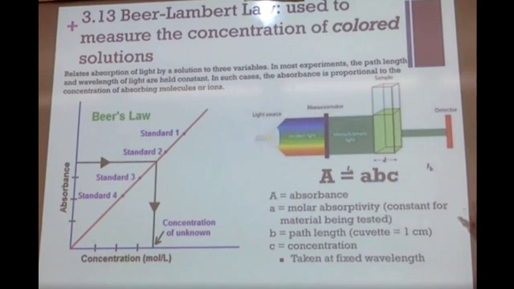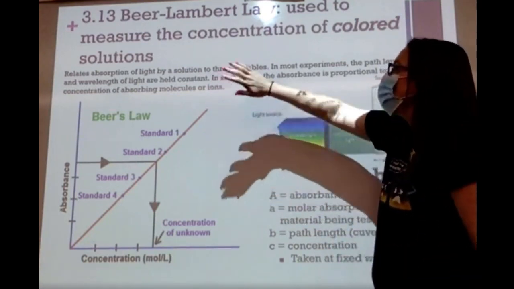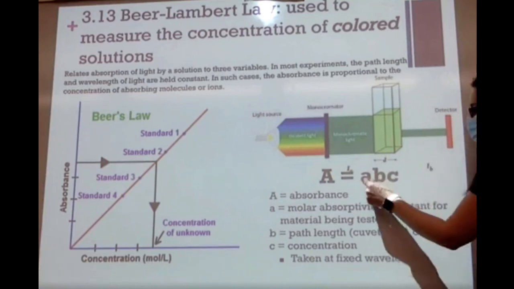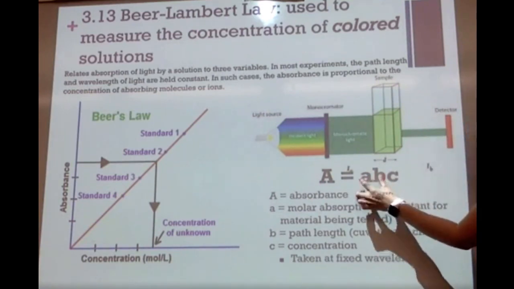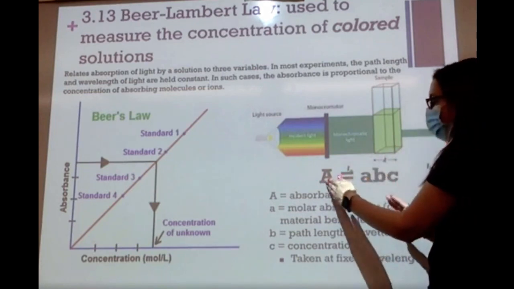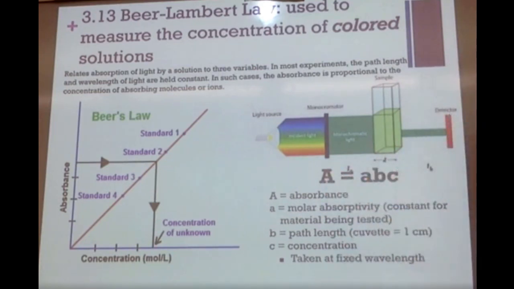All right, certain lead solutions might have a yellow color. Iron solutions might have an orange color. So it has to have color. What Beer's law does is it relates absorption to 3 different variables. Typically, molar absorptivity and path length. These 2 remain constant. So what this allows us to do is look at absorbance versus concentration.